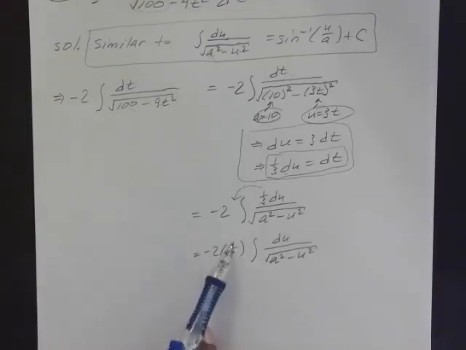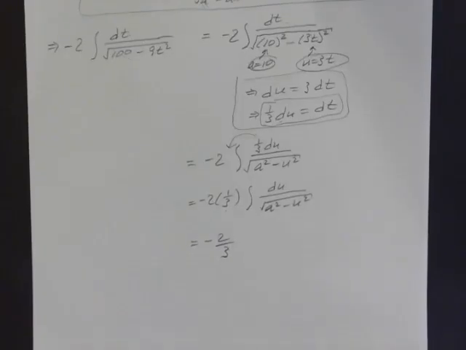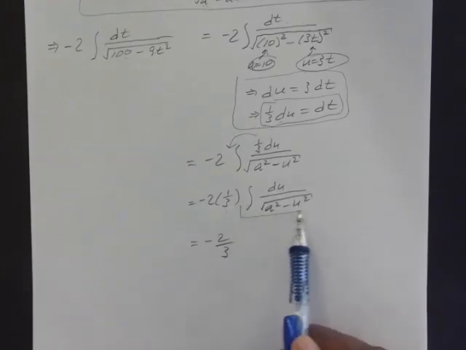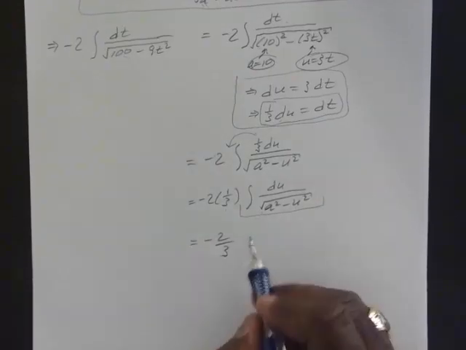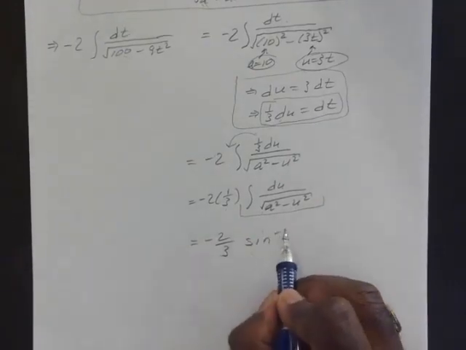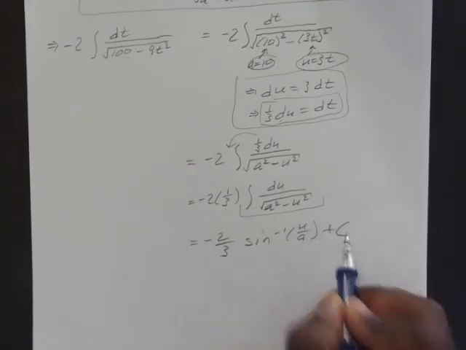Okay, so negative 2 times 1/3 gives us negative 2/3. So bring that up a little bit. And that du over the square root of a squared minus u squared, we know that's going to give us sine inverse of u over a plus c.